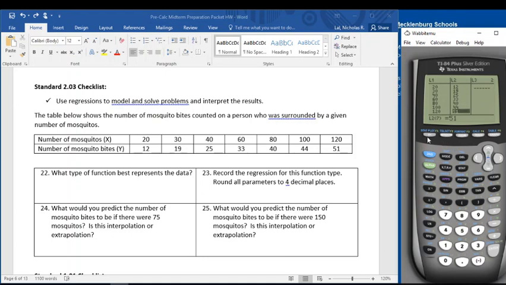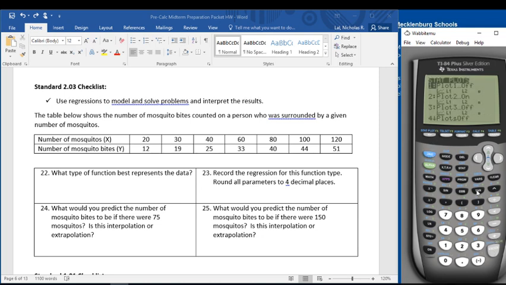Now, to do problem number 2, what type of function best represents the model, first I go to second, stat plot, and make sure I turn plot 1 on.